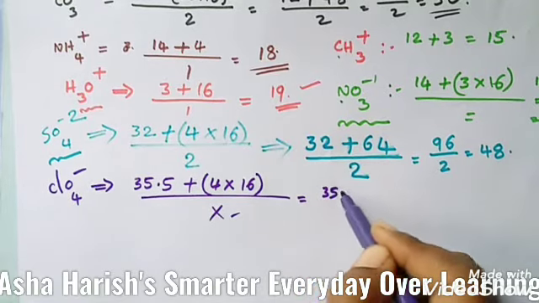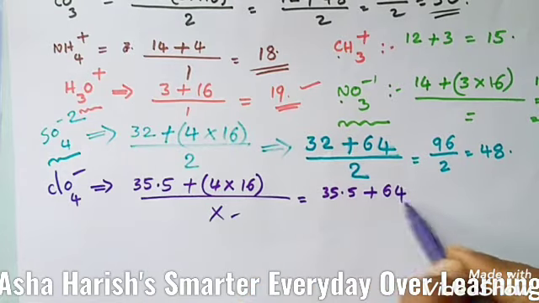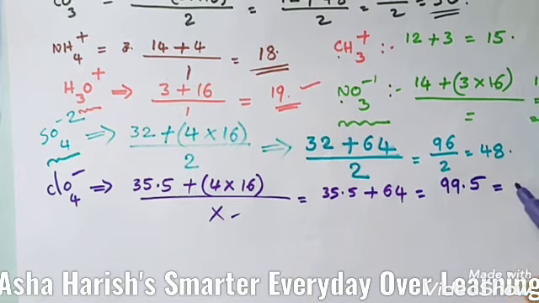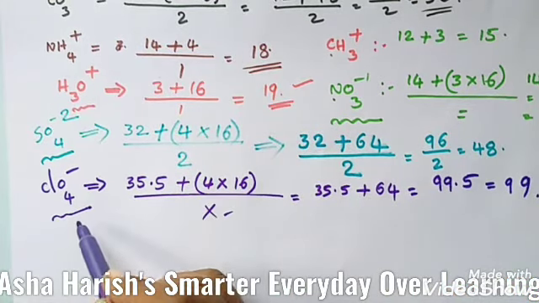Then students, 35.5 plus 4 into 16, that is 64, gives 99.5. So approximately you can take 99 as the equivalent mass of the perchlorate ion.